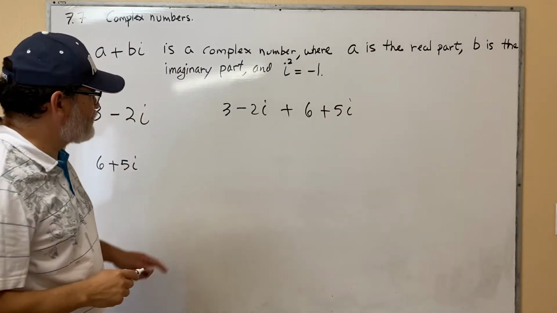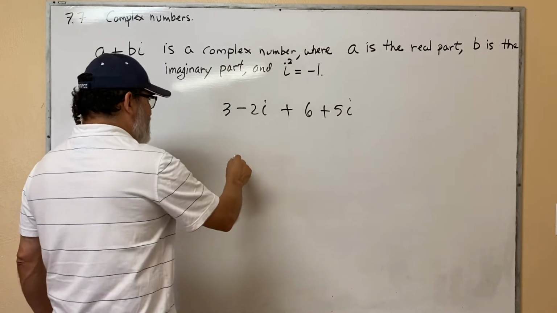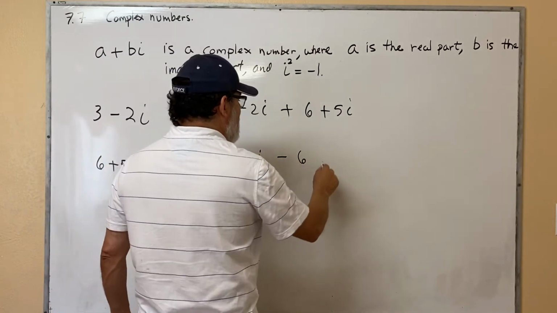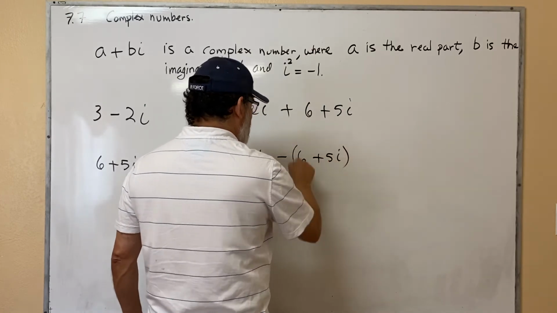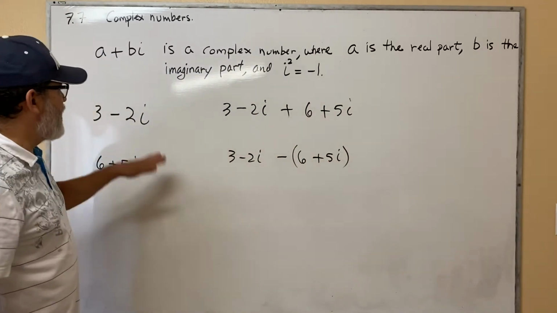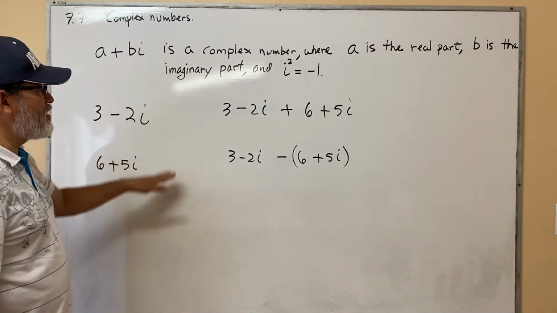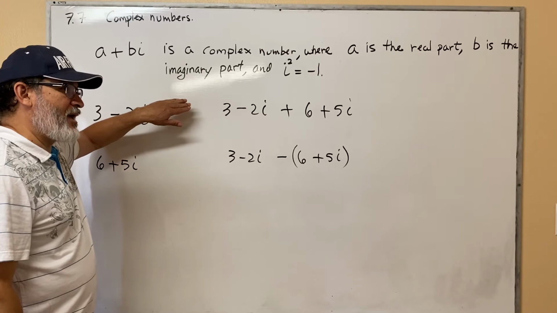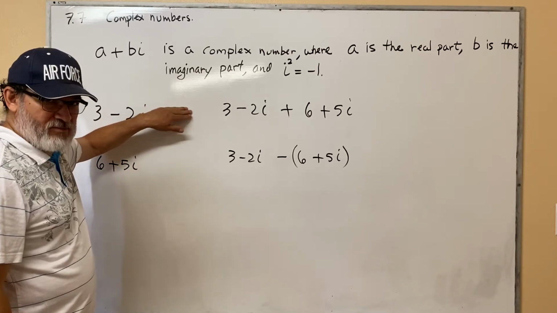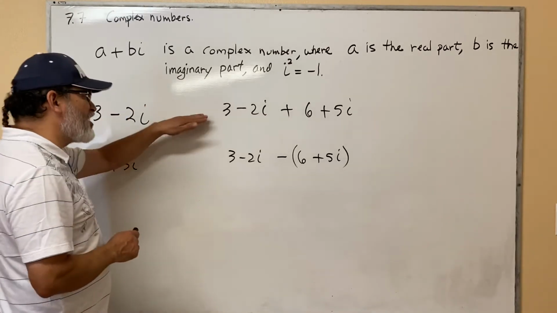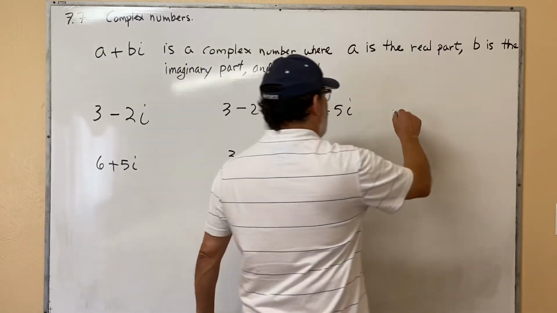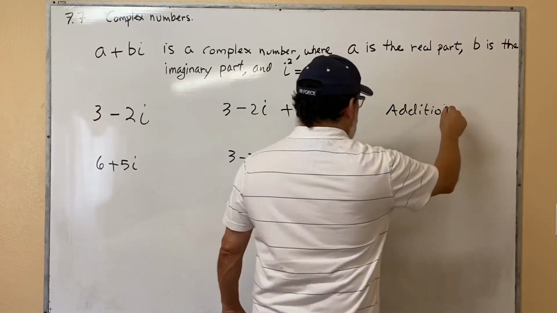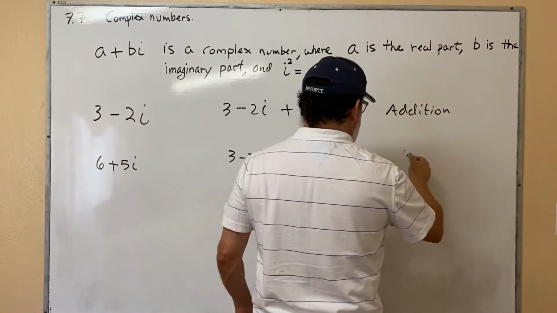Then let's take 3 minus 2i minus 6 plus 5i. The first is addition. This is addition of complex numbers. This is subtraction.